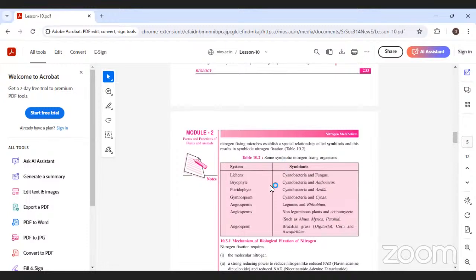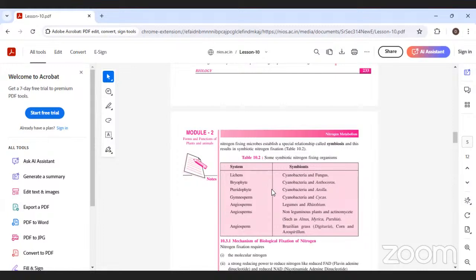The first one is lichens. Lichens are a combination of cyanobacteria and fungi; both are there. Next, bryophyta: cyanobacteria and Anthoceros. Third, pteridophyte: cyanobacteria and Azolla.